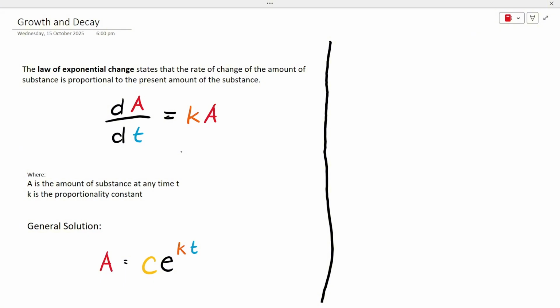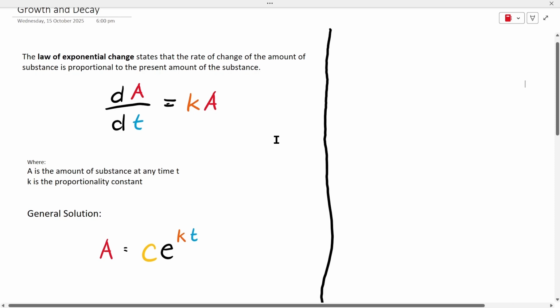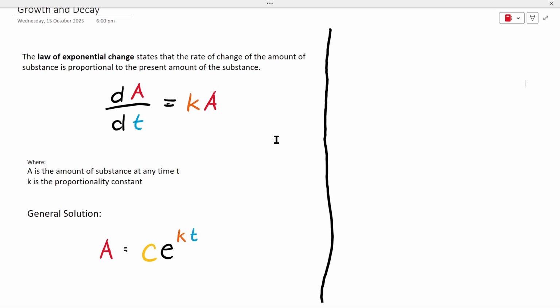If we solve this, the general solution of this differential equation will be A equals C e raised to kt. So let's use this general solution to solve some real life problems.